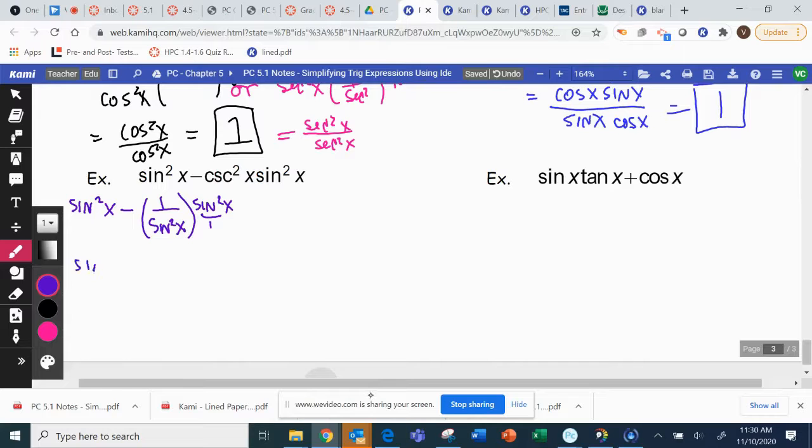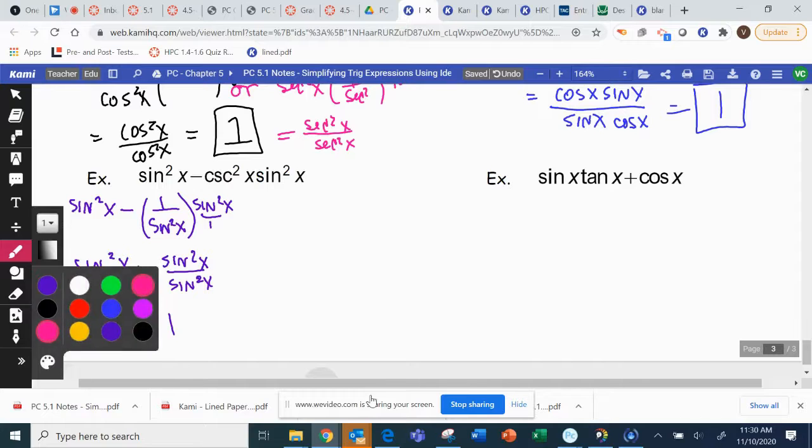So our next step would be sine squared x minus sine squared x over sine squared x. Or if you did cosecant, it would be cosecant squared x over cosecant squared x, which is sine squared x minus 1. Now, if you have the answer cosine squared x, you are wrong.